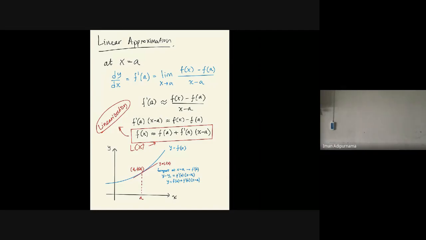You have a curve, you want to approximate the curve with a tangent line, you call it linearization. You can write this f(x) as L(x). It's basically the same thing, just a name. So if you find linearization in any textbook, its meaning is doing this linear approximation.